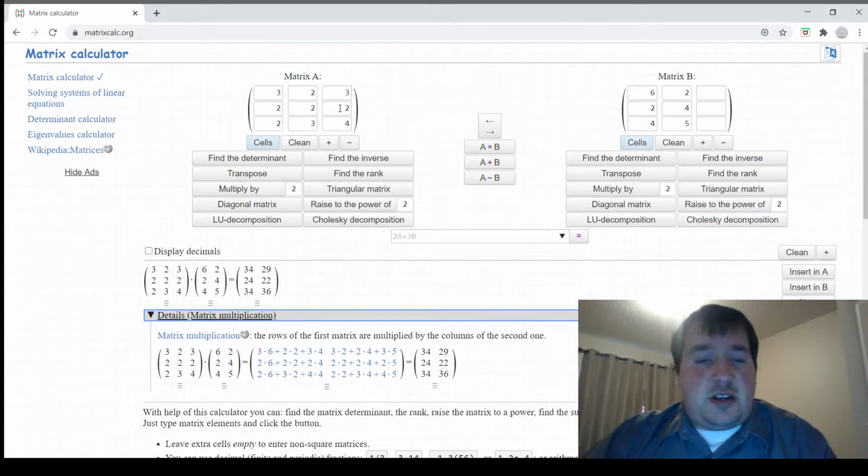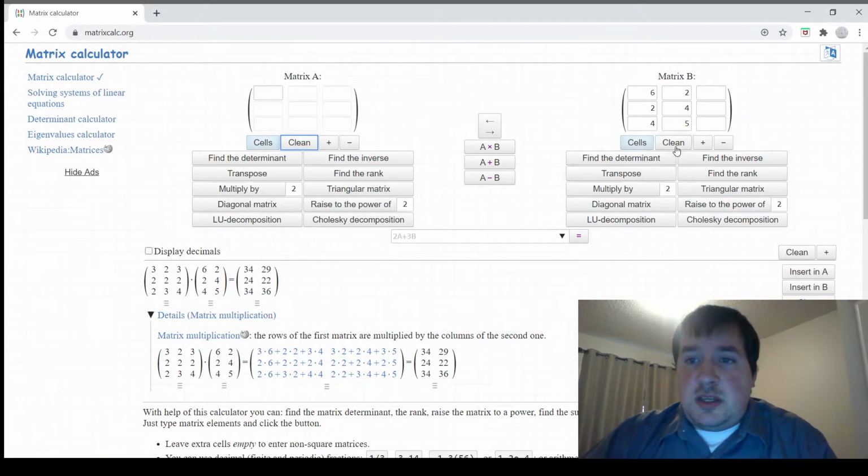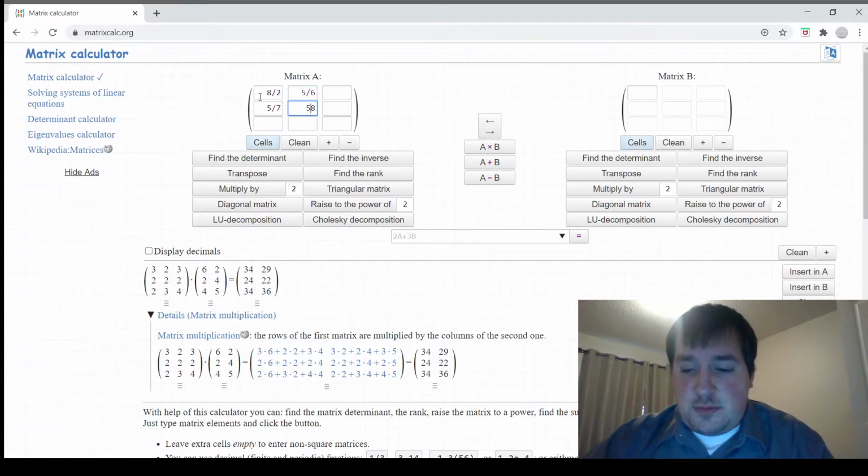So this is a very nice tool that everyone has access to. Again, you do need to know how to make these steps, but for homework, maybe more complex matrices, because this can also do fractions in your entries.